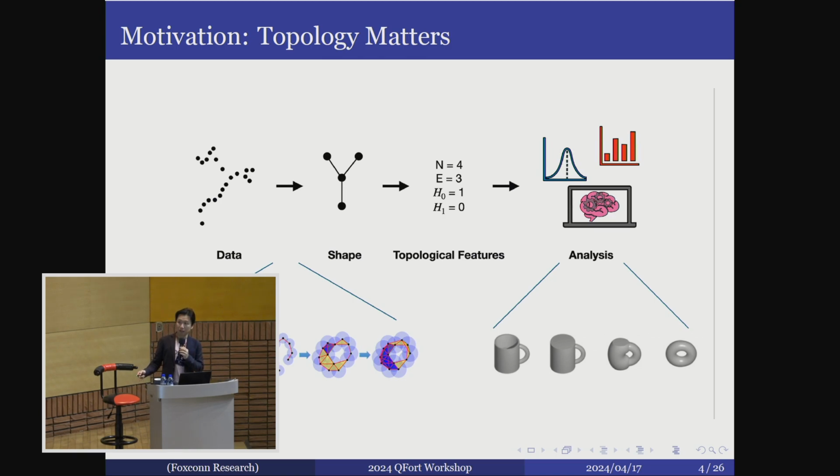This is quite interesting: you can transform a donut into a mug without changing its topological features. I want to use this example to show you that at first look, these two objects are different, but in fact they have the same topological features.